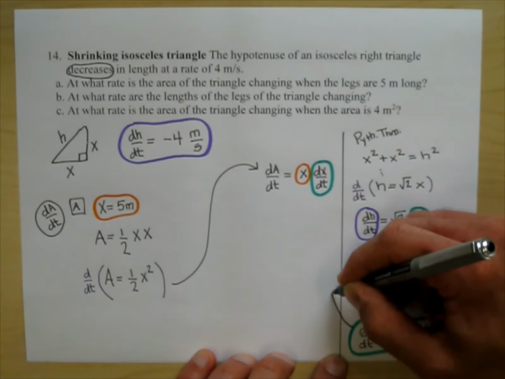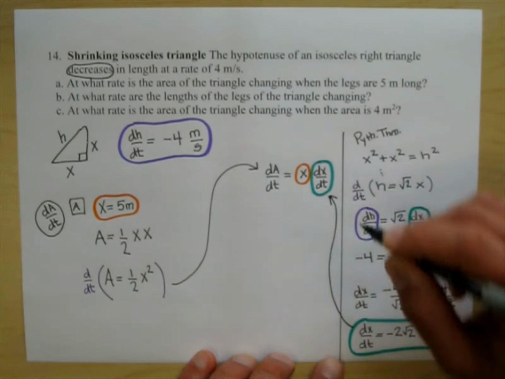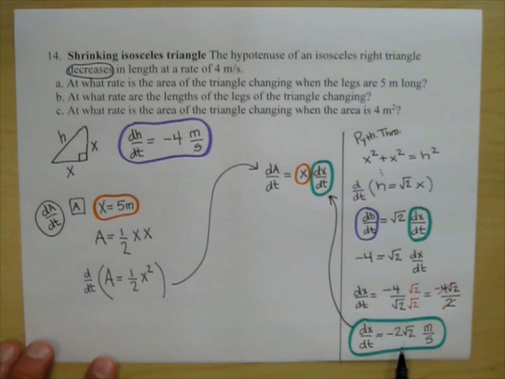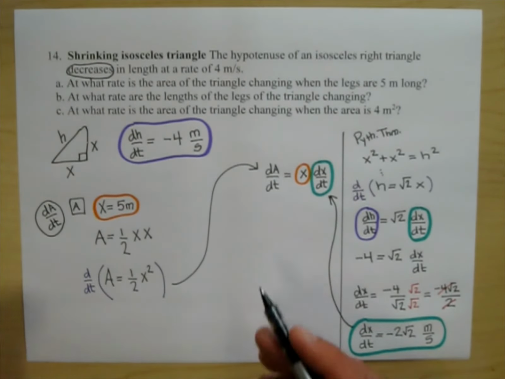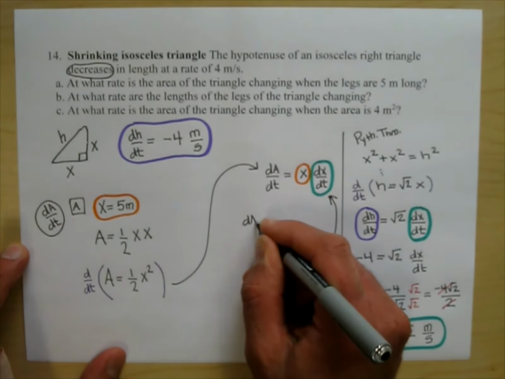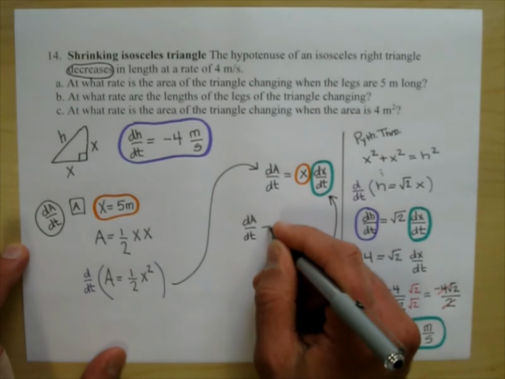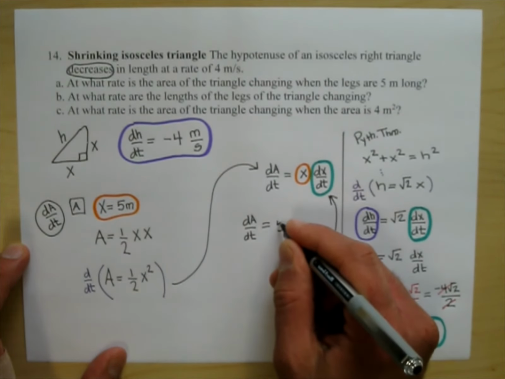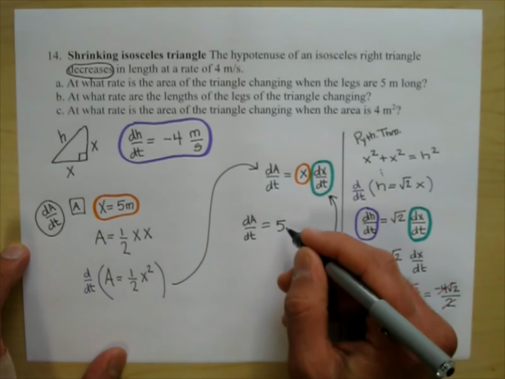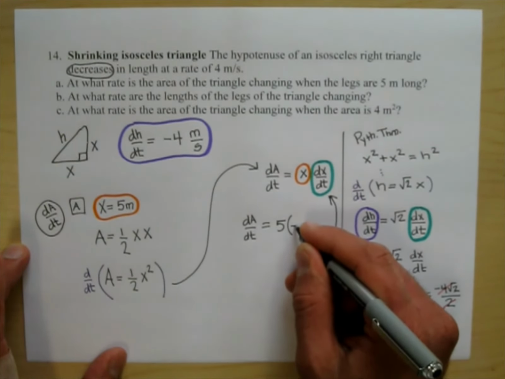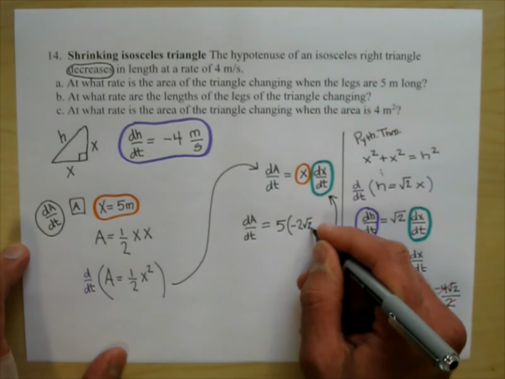Now I know what that is right there, and I know what the orange is. So do you see how I do the extra work over here to get another variable, which was the dx dt? So let's go ahead and continue this. This is dA dt. Now I'm back to this other problem. This equals 5 times negative 2 root 2.